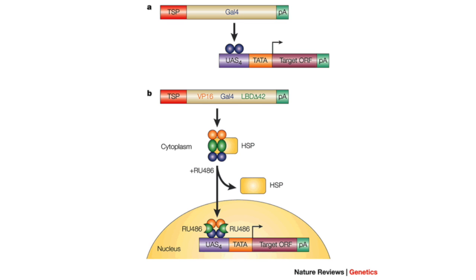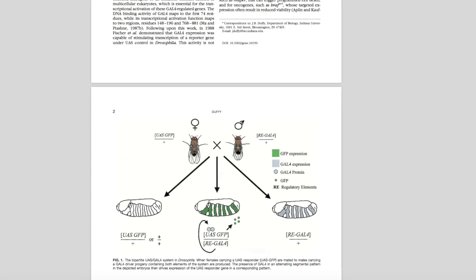So this biochemical method takes advantage of the relationship between Gal4 and UAS, and because there's an activation of transcription that leads to control over gene expression, scientists can identify the function of certain cells or genes, which is quite revolutionary.